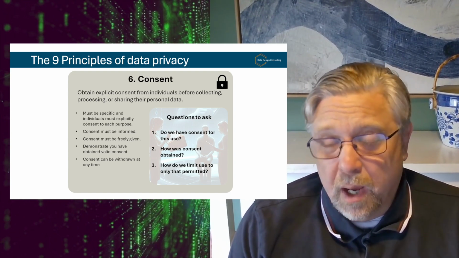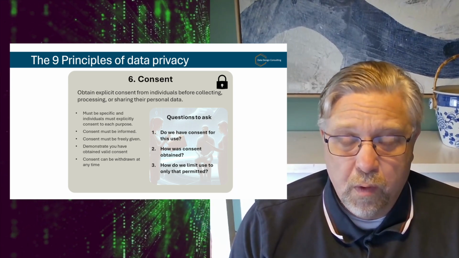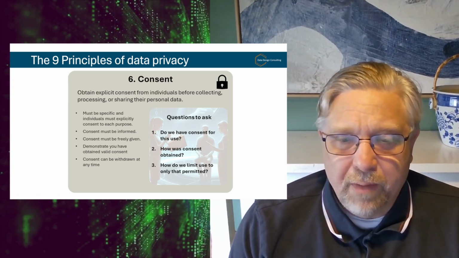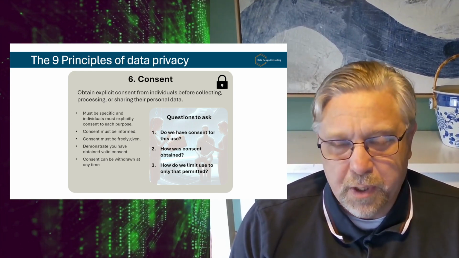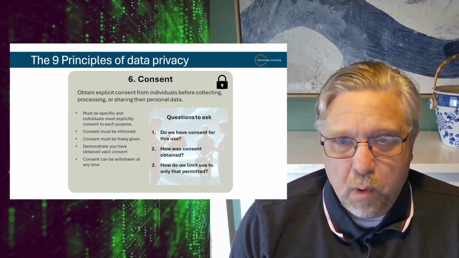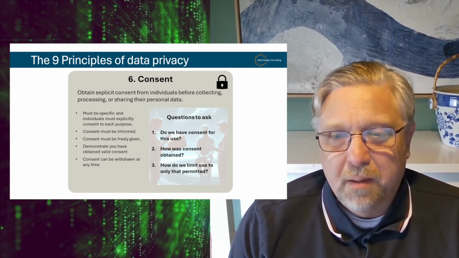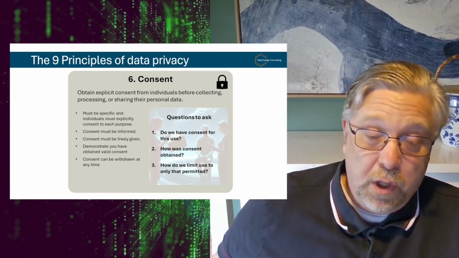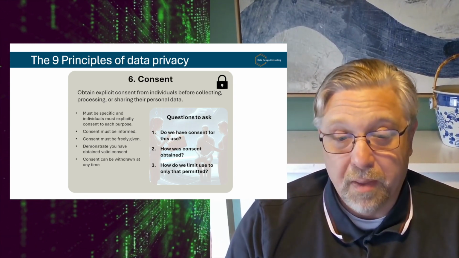When someone says, "Well, I don't want you to use my information for direct marketing anymore," making sure that we have a process in place to remove that person from that direct marketing from that point forward. So that's point number 6: consent, making sure that we have actually obtained a legitimate consent for the use we're about to apply the data.